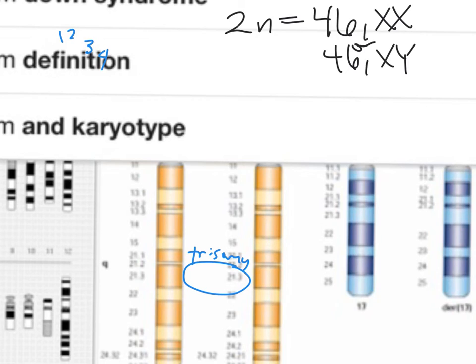But the karyotype is the written description of the karyogram. Depending on which karyogram you're looking at, the karyotype will change. A normal human female would be 46XX, male 46XY.